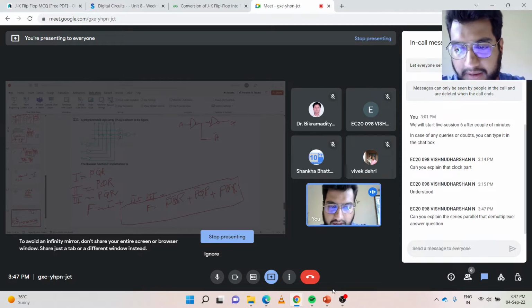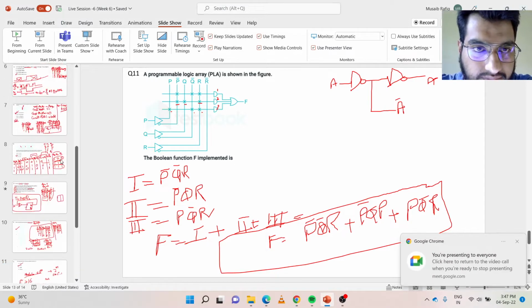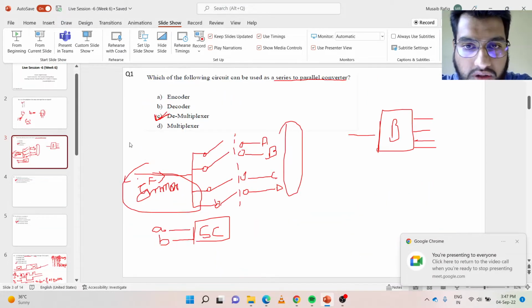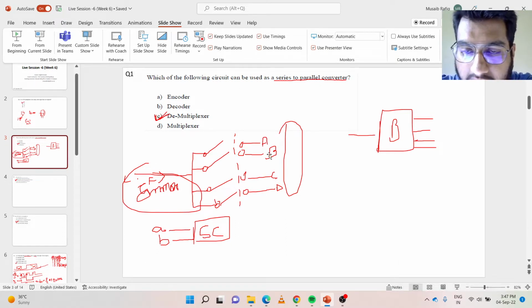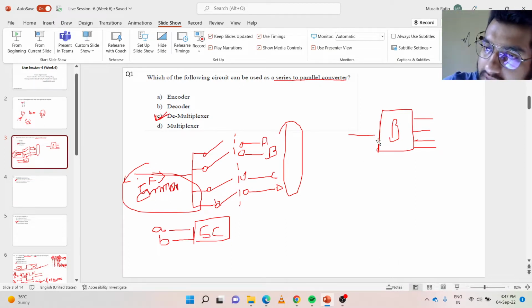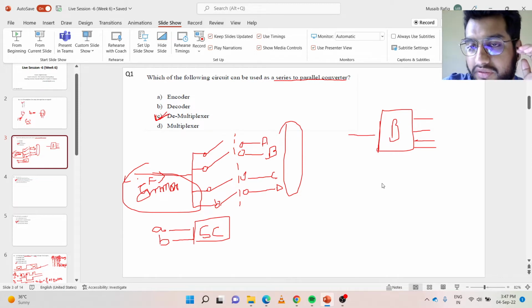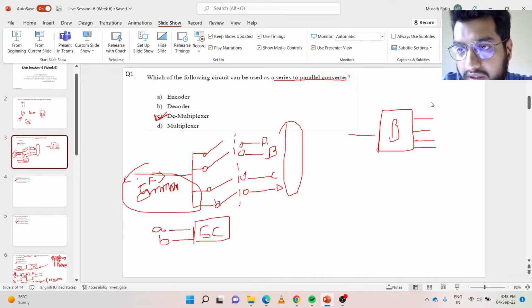Yeah, I can explain that. The question asks which of the following circuits can be used as a serial to parallel converter. You know that with a demultiplexer, our input comes in serially. The switching circuit controls where the output will go.